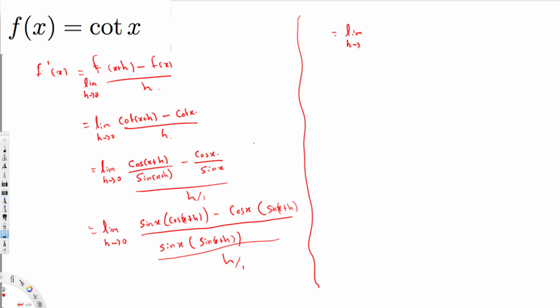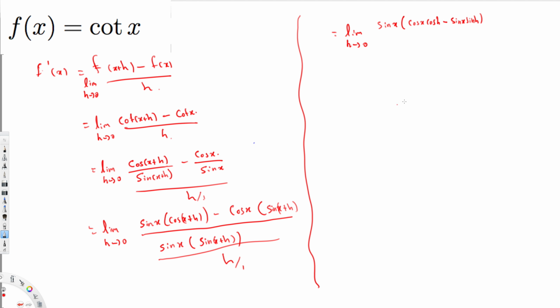Then what I can do is, limit h approaches 0. Now I can expand this one. If I expand cos of x plus h, I will get cos x cos h minus sin x sin h.